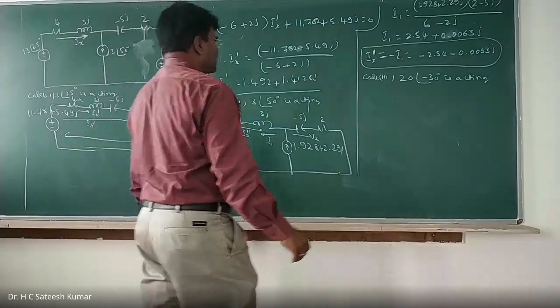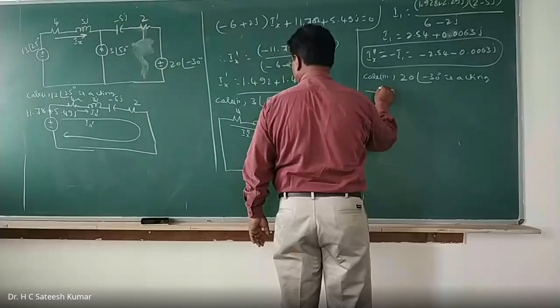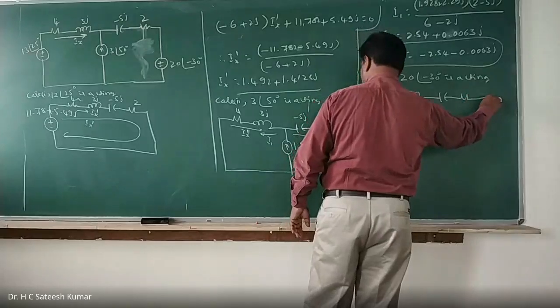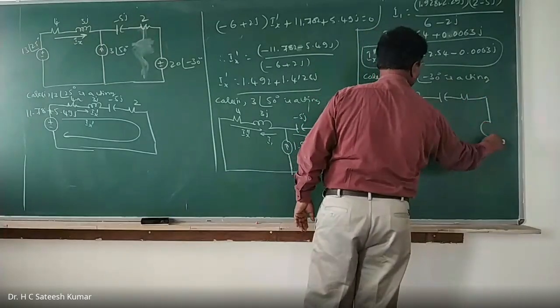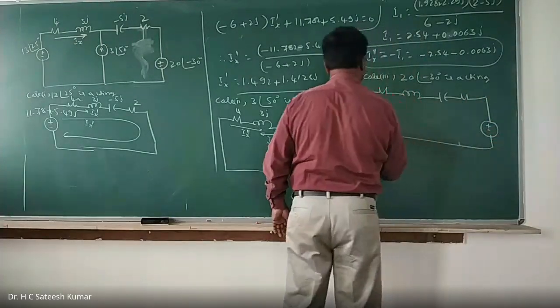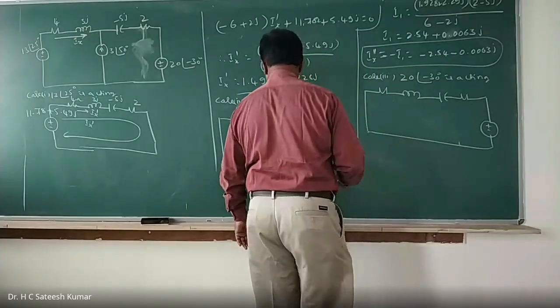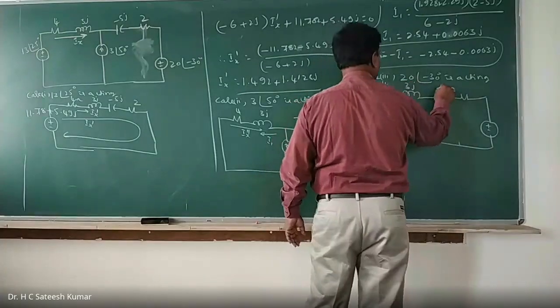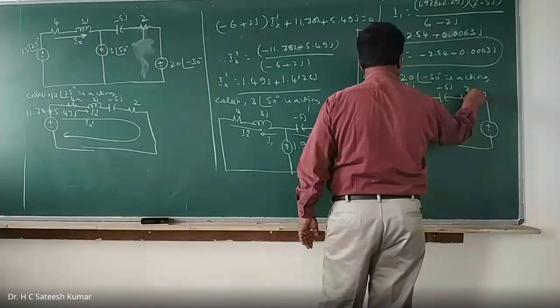So then what do we have? Plus minus, 4, 3j minus 5j, 2. This is Ix triple dash.